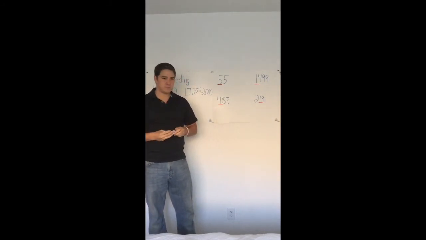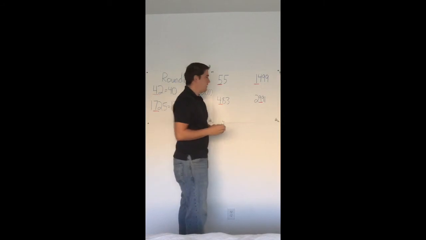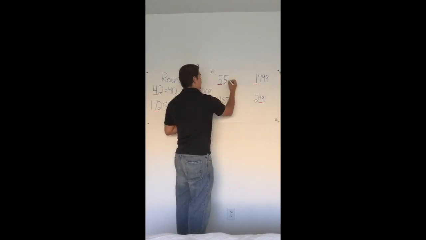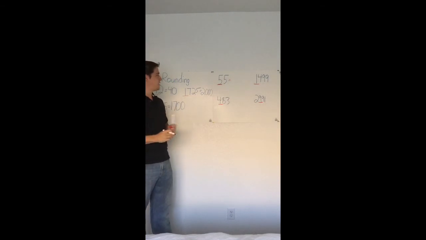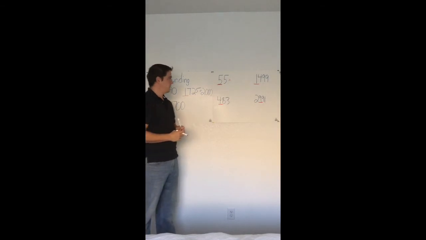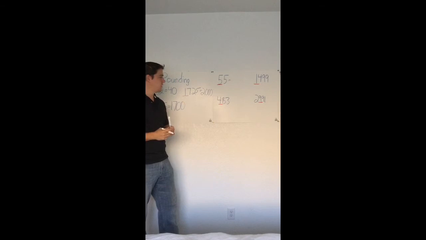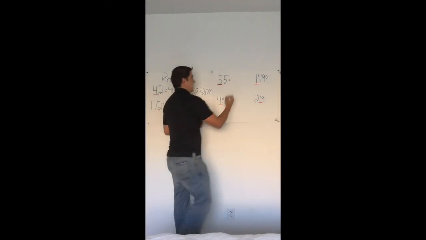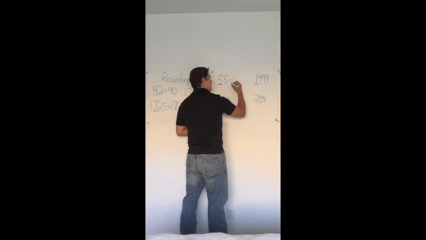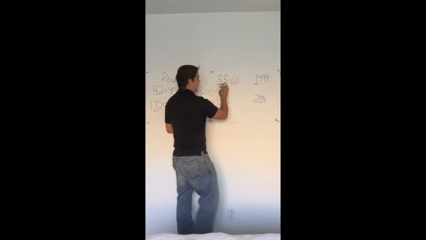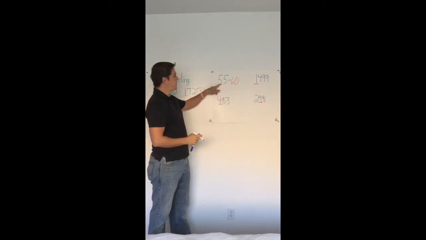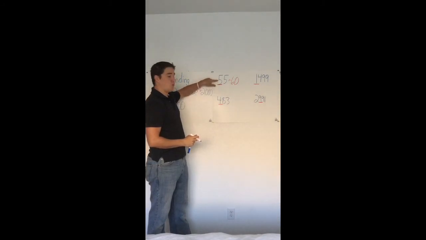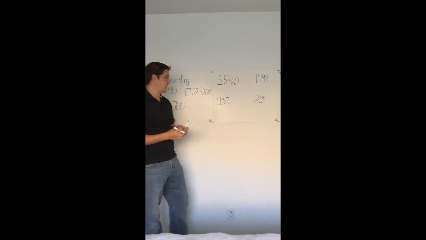All right, class. Now that you're done, can anybody give me the answer to rounding 55 to the nearest tens place? Sammy? Yes, 60. So, you saw the number to the right of it was 5 or greater, so you raise this up one number to a 6, and then change the 5 to a 0 to make 60.